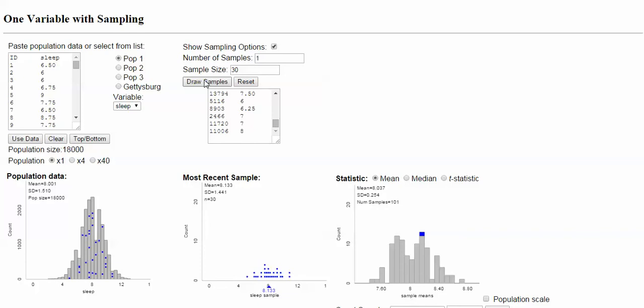So we can see that almost all of our sample means so far have fallen between 7.6 and 8.8. So they're all falling pretty close to the population mean of 8 because of our big sample size.